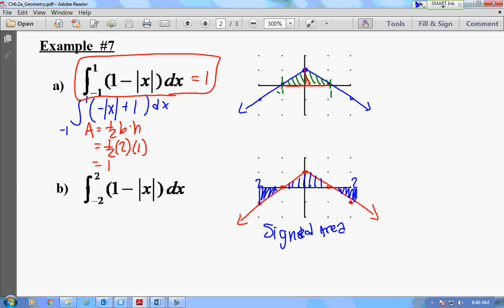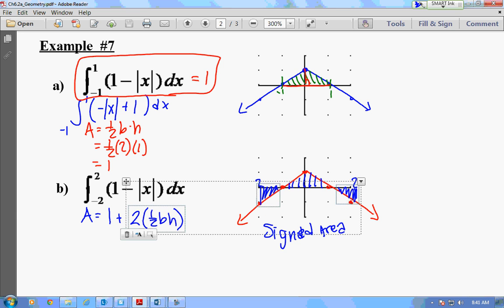We already know this guy on the top is 1. Area equals 1 plus, and we have 2 of these base times heights again. Are these triangles exactly the same size? So I can just say there's 2 of them. 2's cancel out, and their base and height is, careful.